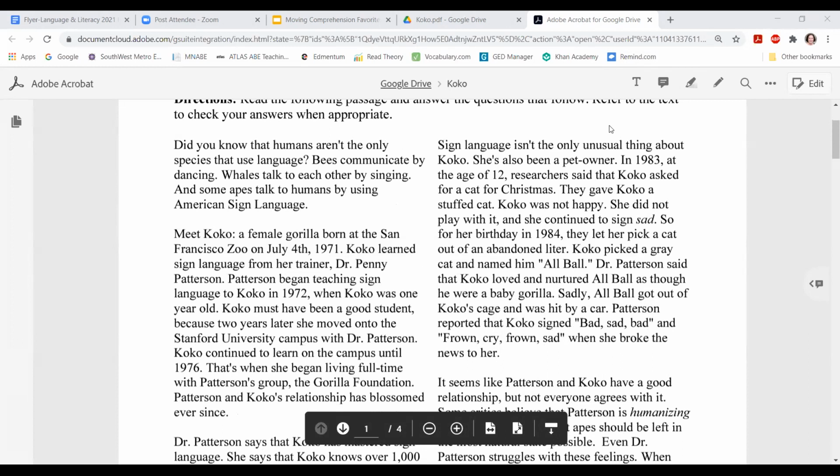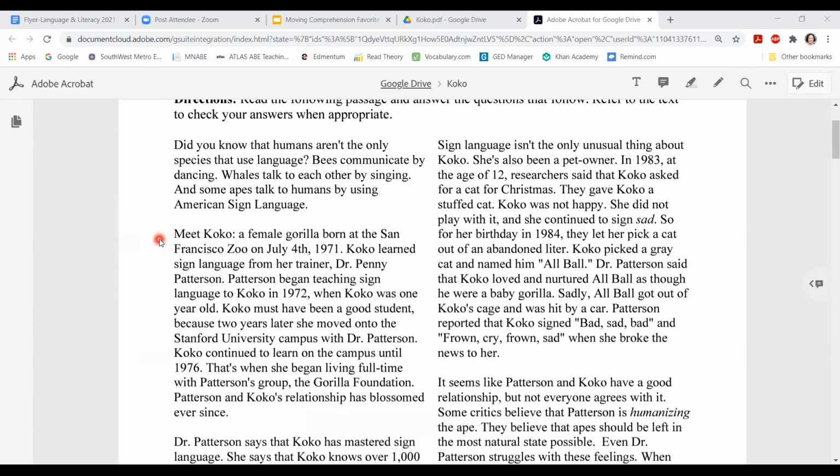Okay, so I'm reading from your screen, so I'll just follow along with your screen. Did you know that humans aren't the only species that use language? Bees communicate by dancing, whales talk to each other by singing, and some apes talk to humans by using American Sign Language. Meet Coco, a female gorilla born at the San Francisco Zoo on July 4th, 1971.